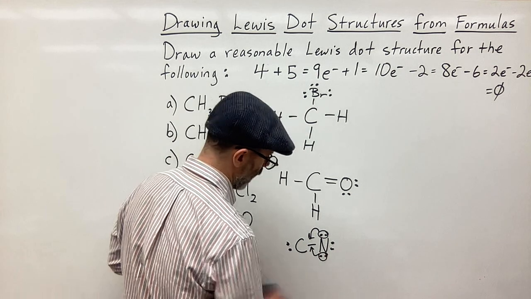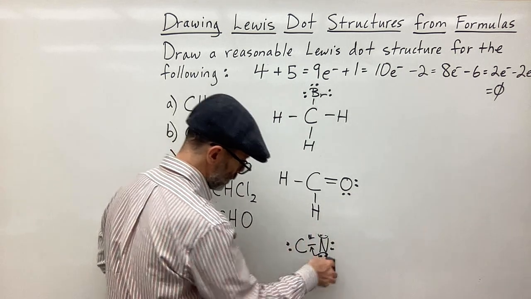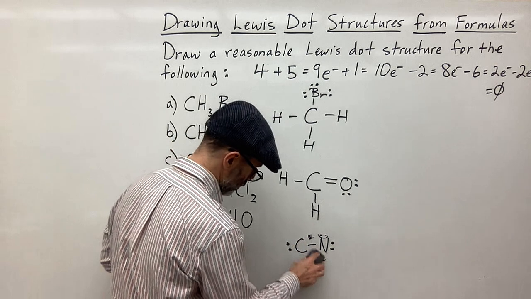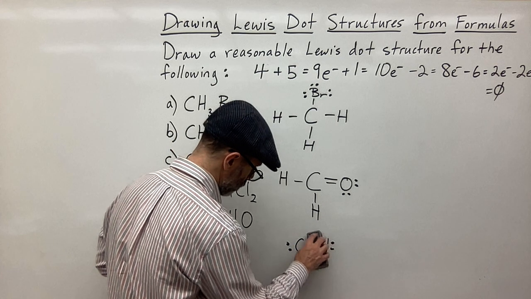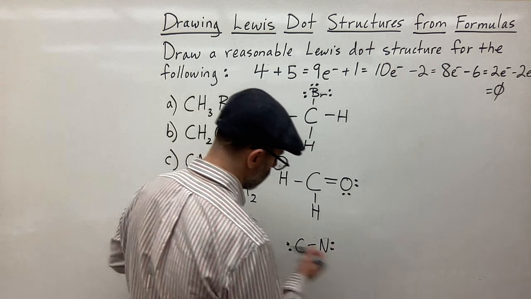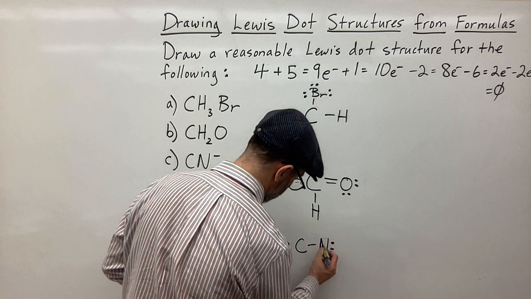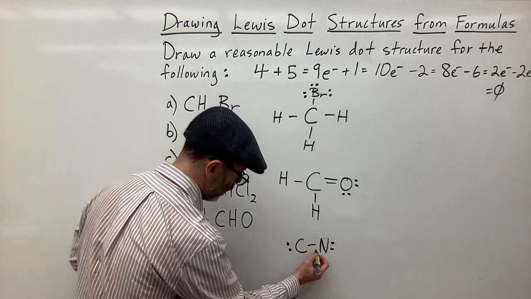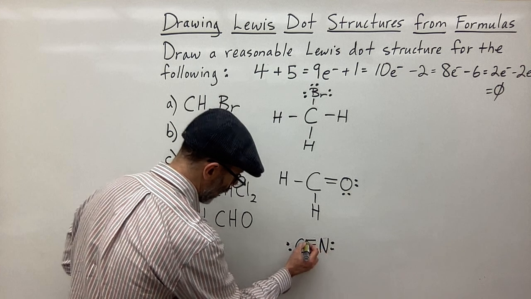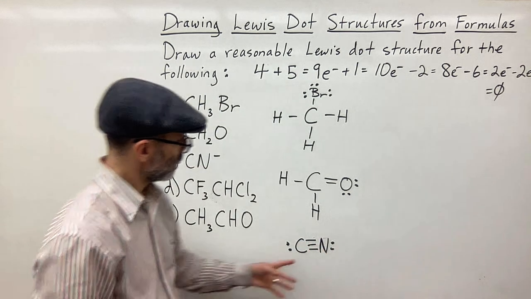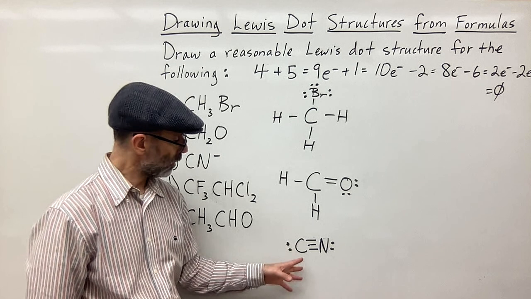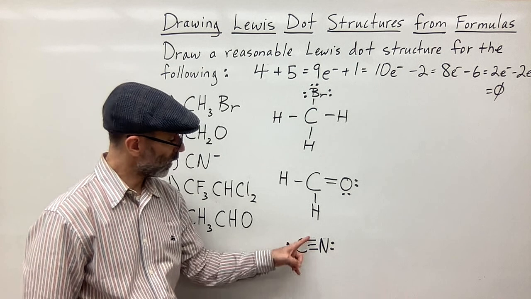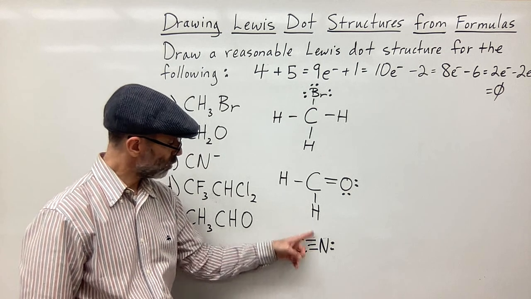And when we do that, if I erase this like so, now I have my nitrogen with 1 lone pair, and I'm going to create 2 more bonds. And so now I have a structure here with 3 bonds, a triple bond here.